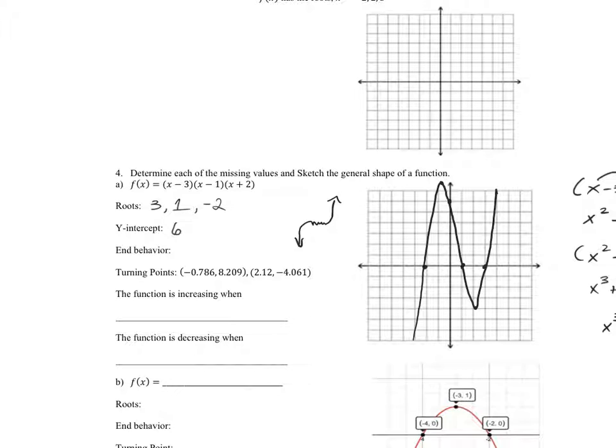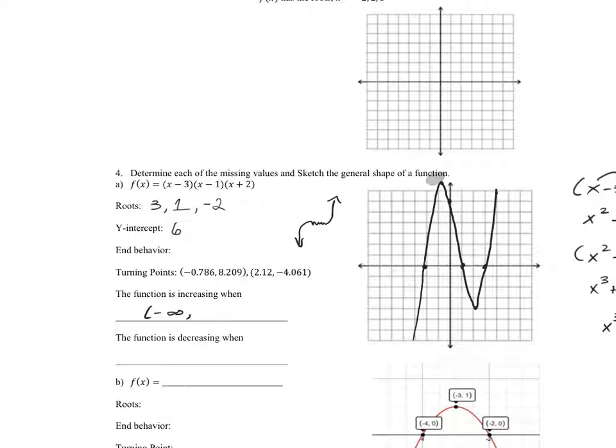Alright, the next thing the problem is now asking me for is when the function is increasing. So let's look at the graph from left to right. We can see that the function begins to increase at negative infinity. So let's just already write that. As we're moving up, we see it stops increasing at negative 0.786, which is right here.